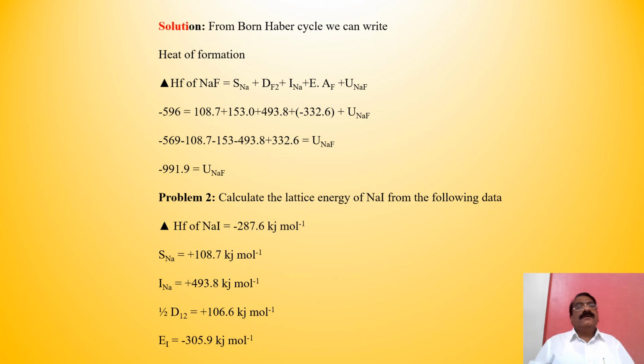After getting this data, we are going to solve the problem by the Born-Haber cycle. We can write the heat of formation ΔHf of NaF is equal to S_Na plus half D_F2 plus I_Na plus E_F plus U_NaF. By taking all the values, we do the calculation and get U_NaF is equal to minus 991.9 kilojoule per mole.